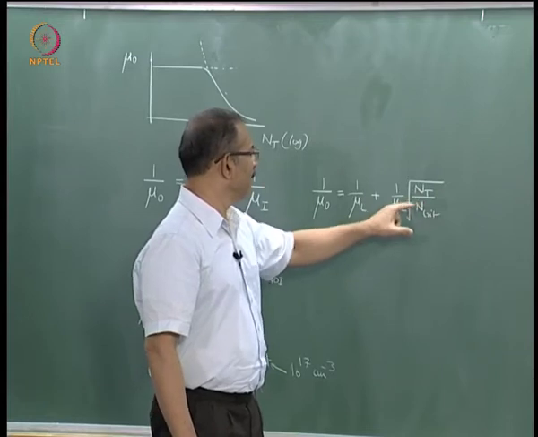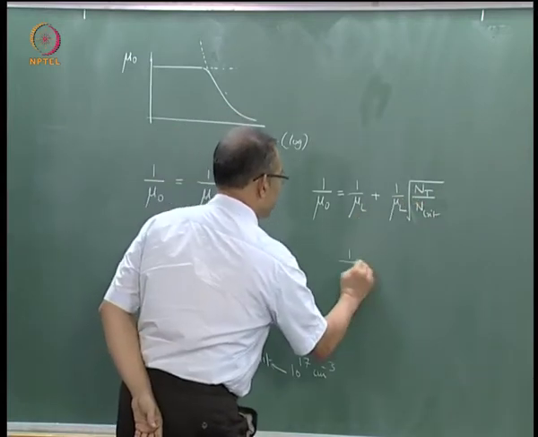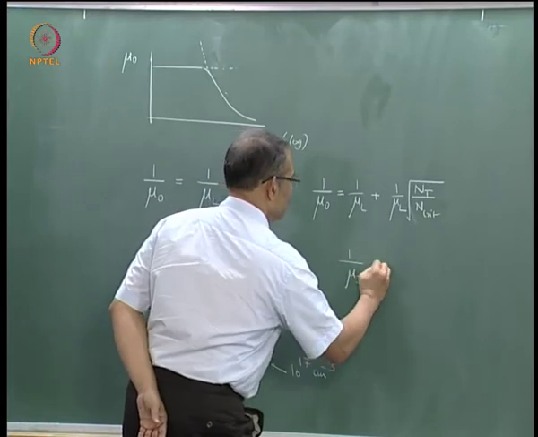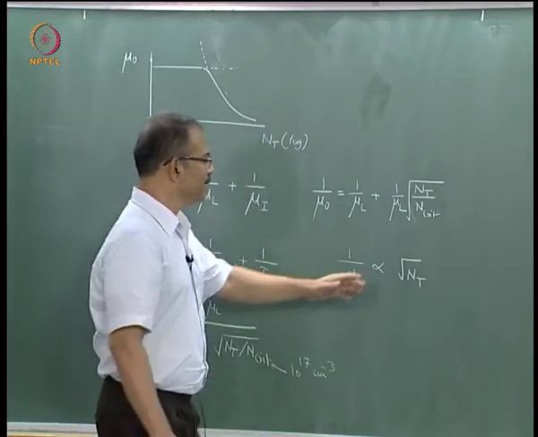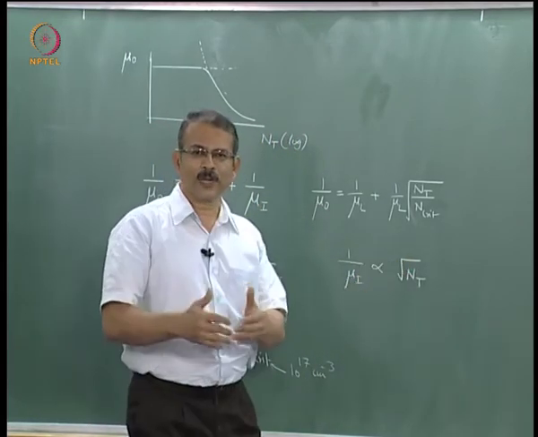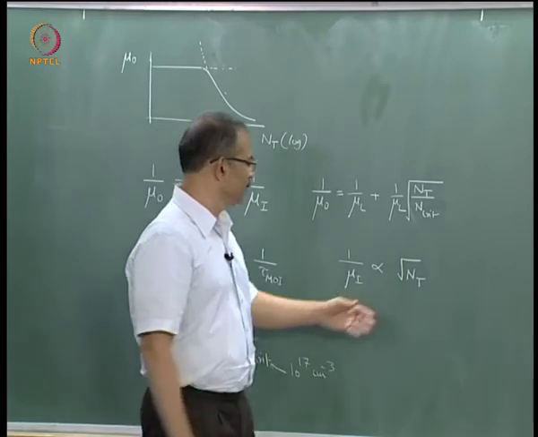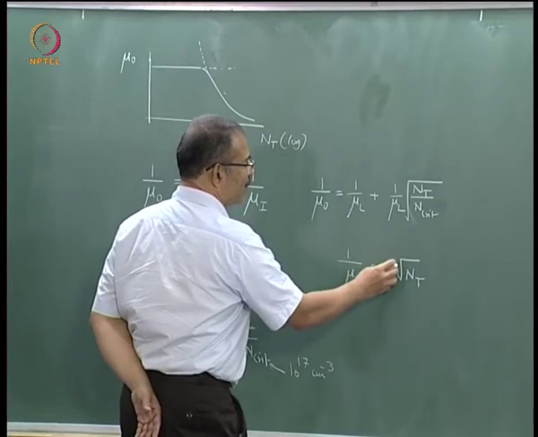Okay? And similarly, if you write the fact that 1 by mu I is proportional to square root of Nt, now evidently the square root behavior we have to get from quantum mechanics, we assume the result. So now we need a proportionality constant when I put an equality sign.